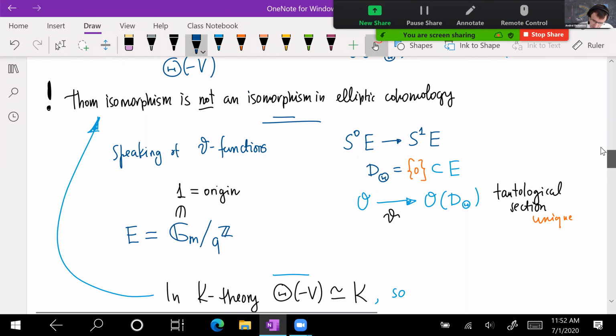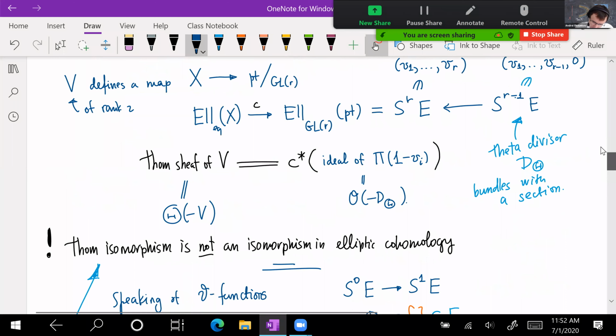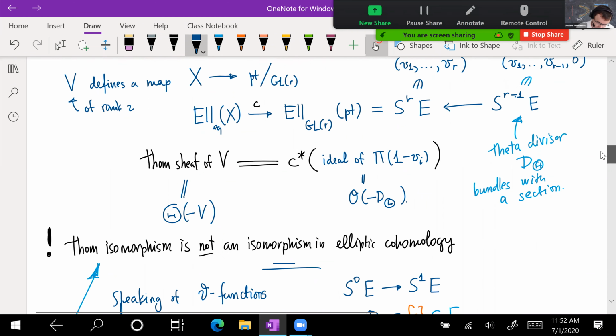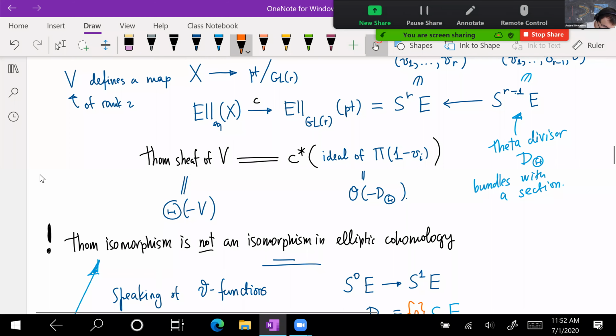We go back here. This theta, with direct sum, is the product of individual thetas.